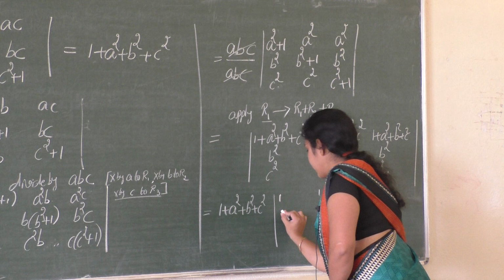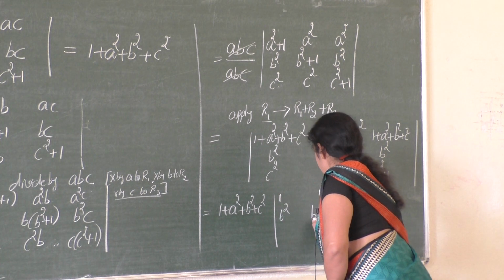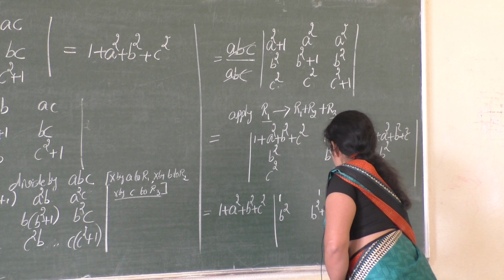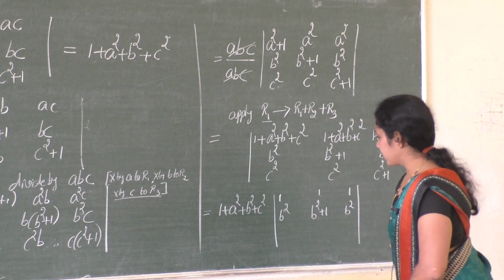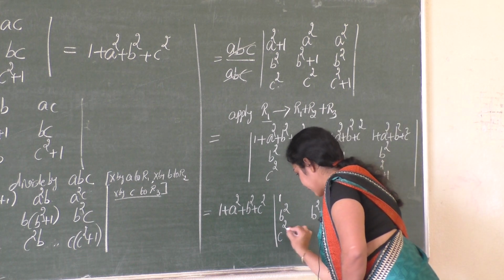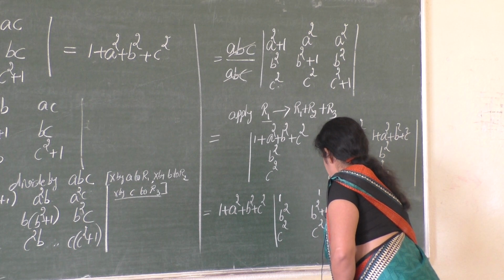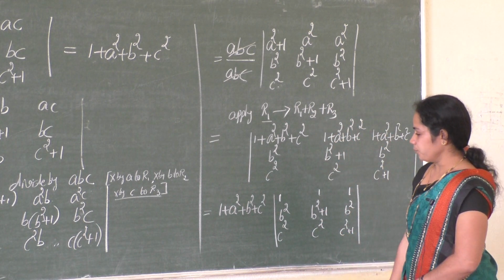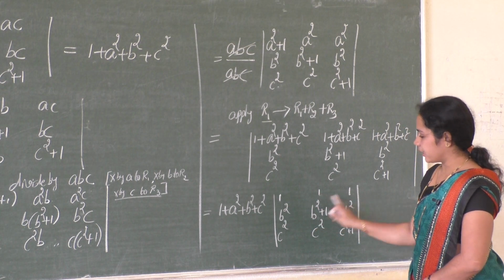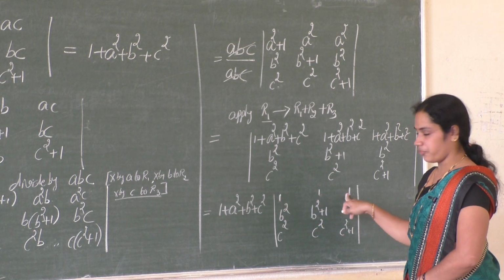Second and third rows as they are: B square plus 1, B square, third row C square, C square plus 1. Now the first row contains 1, 1, 1.